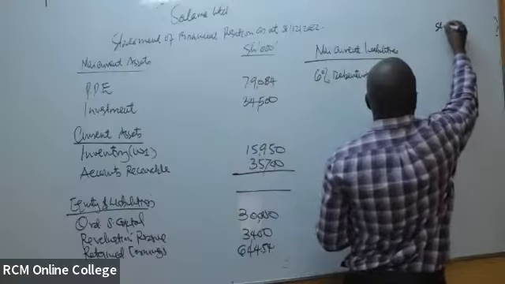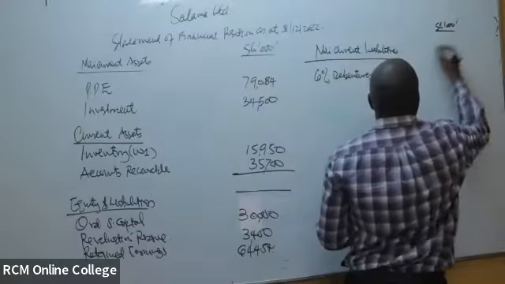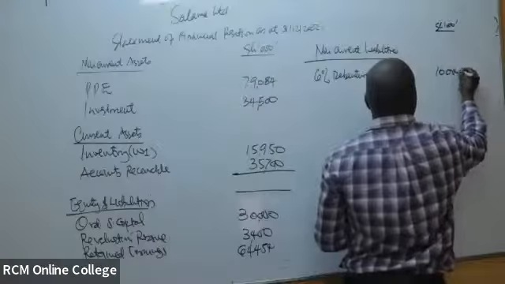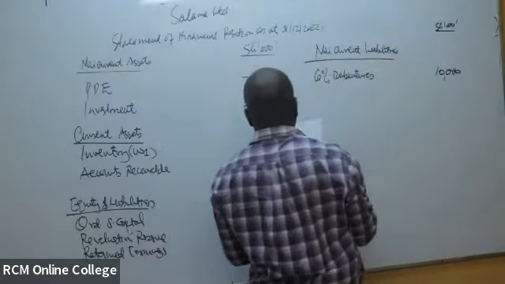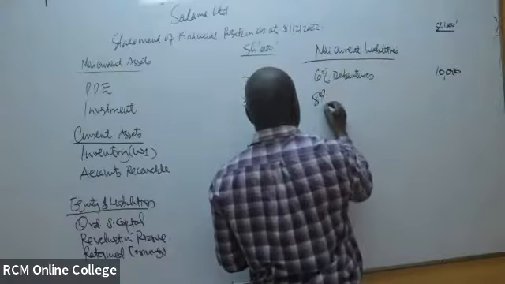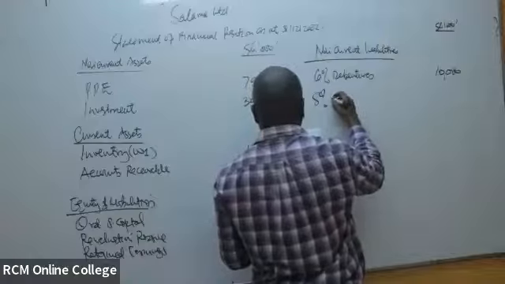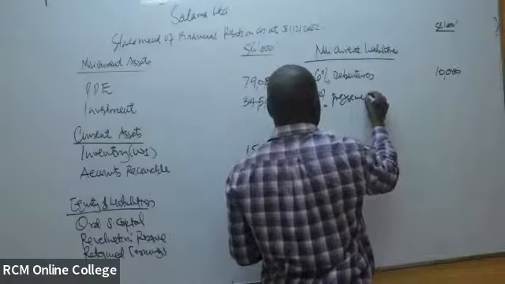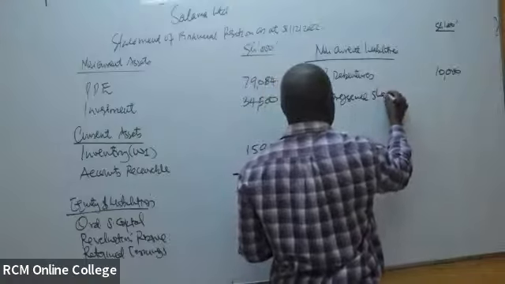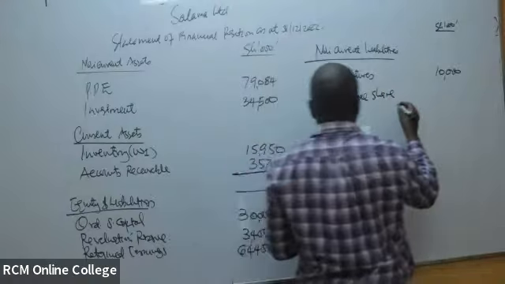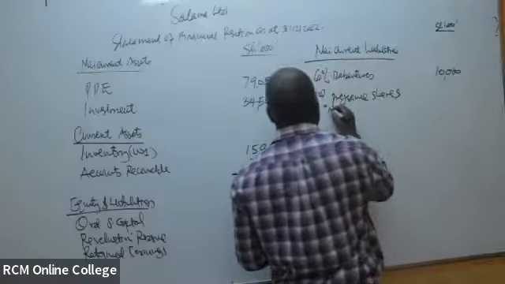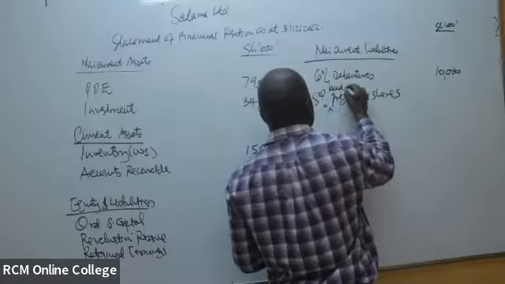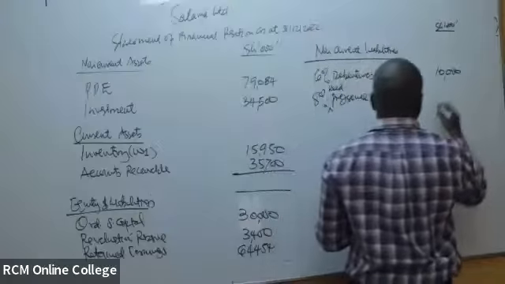Our shillings is actually in thousands, so the value is actually 10 million. We have our 8% redeemable preference shares, with a value of 12 million.